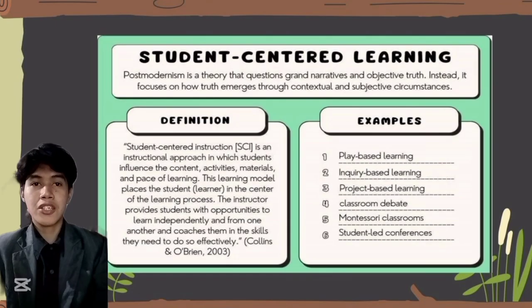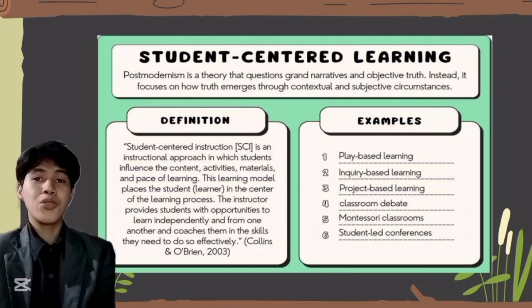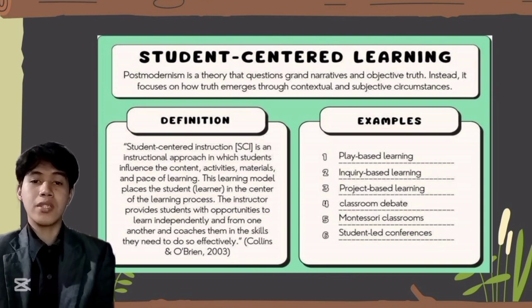In student-centered learning, postmodernism is a theory that questions grand narratives and objective truth. So it focuses on how truths emerge through contextual and subjective circumstances. Student-centered instruction, which is the SCI, is an instructional approach in which students influence the content, activities, materials, and pace of learning.